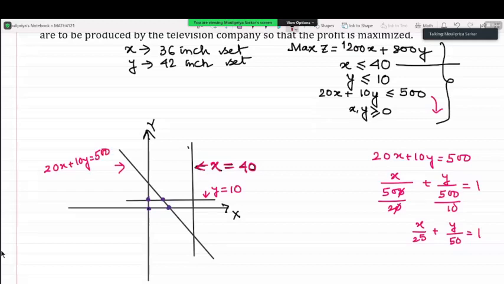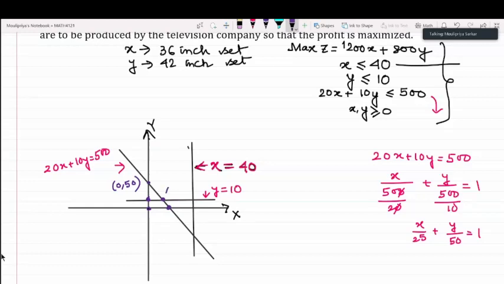Correct? Are we okay with this? Yes, ma'am. Fine. So the line will pass through 0, 15. And if I find the point of intersection of 20x plus 10y equal to 500 and y equal to 10, can you tell me the coordinate of this point?